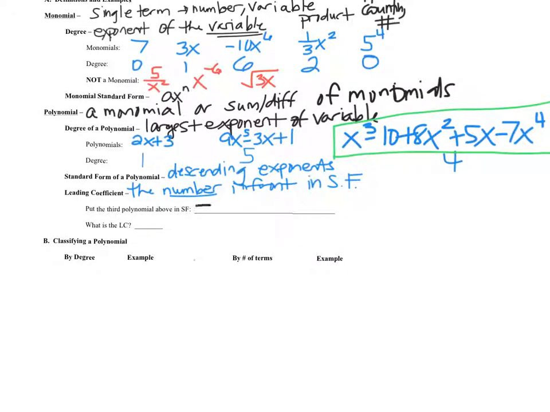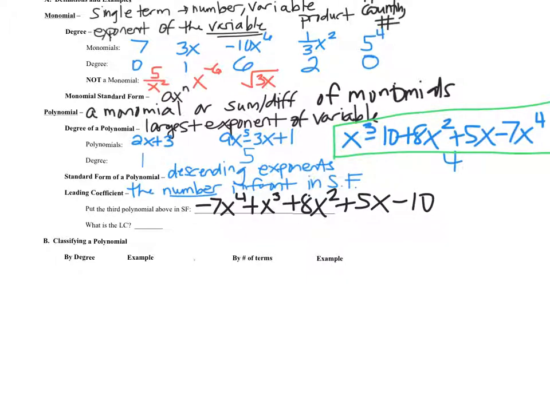Good. Negative 7x to the 4th. Descending order of exponents. The next one would be positive x cubed. And then 8x squared. Good. After that is 5x minus 10. It even feels better, doesn't it?